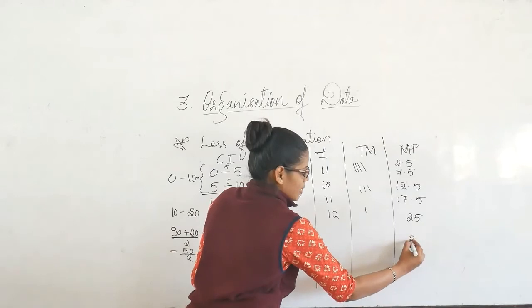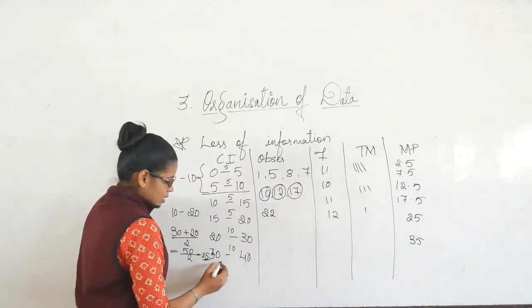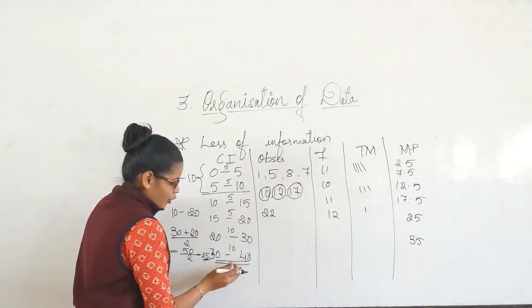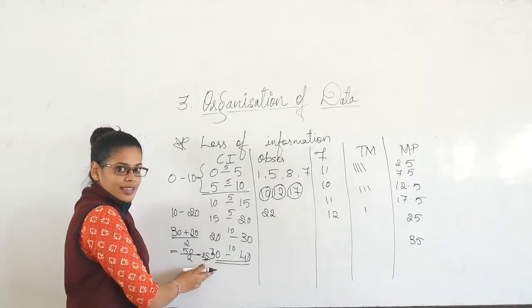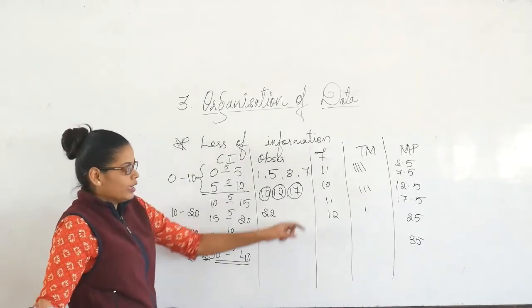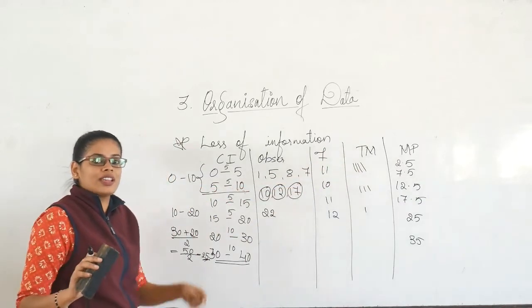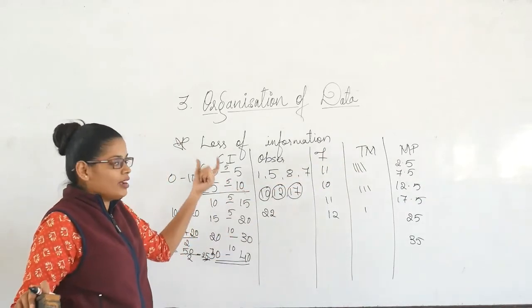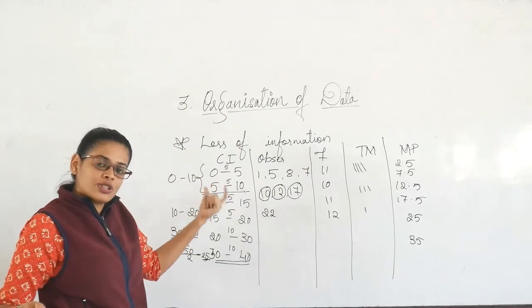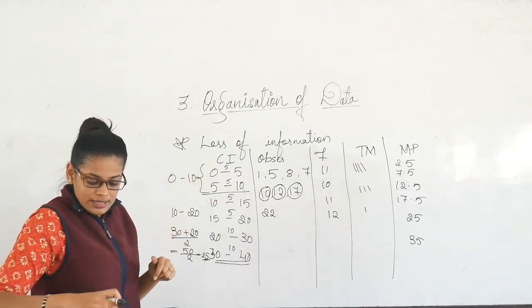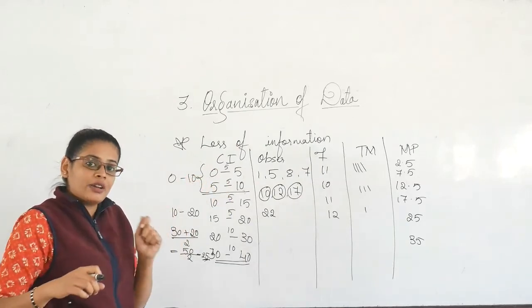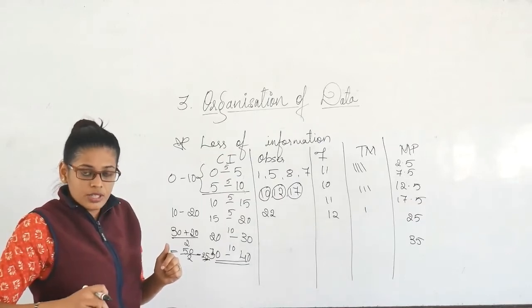The next class mark will be 35, because here we have 40 and 30 as our class limits. So the class mark or the midpoint also changes if you have an unequal distribution of class intervals.